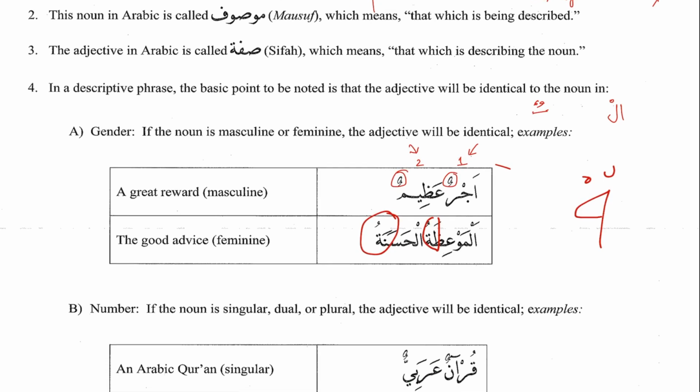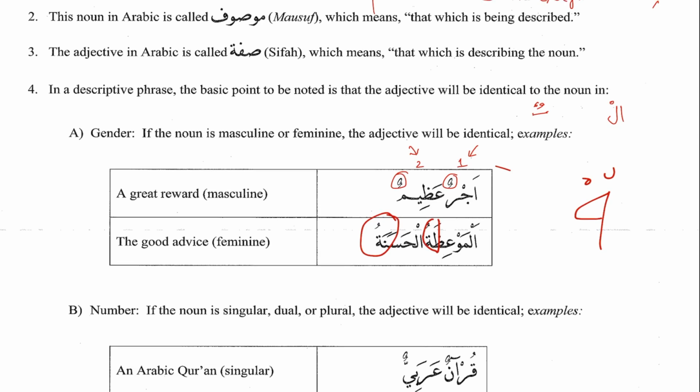So another example is al mau'izatul hasanatu. So advice which is hasan, but in this case they're both female, right? They're both singular, they're female.